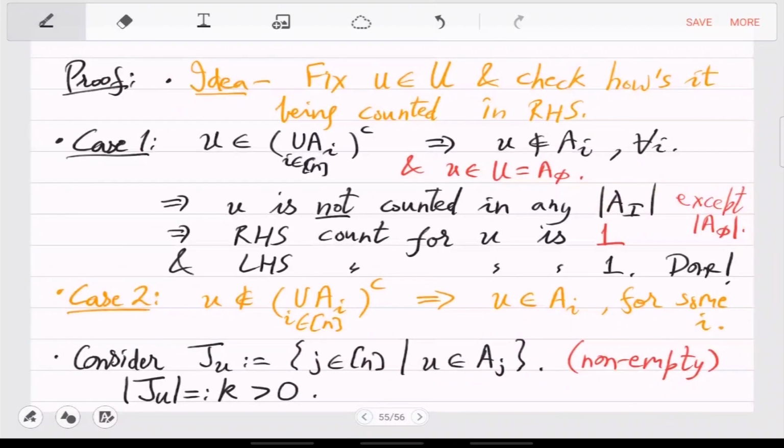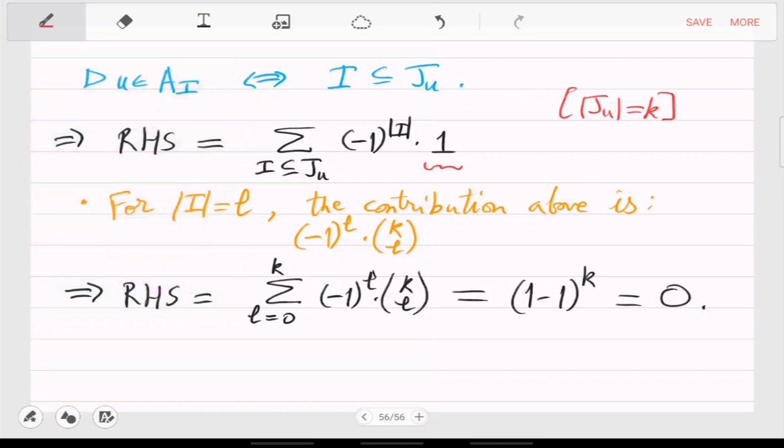So hence both the cases are complete, and in all cases U is counted correctly. For all the universe elements, the count is correct.